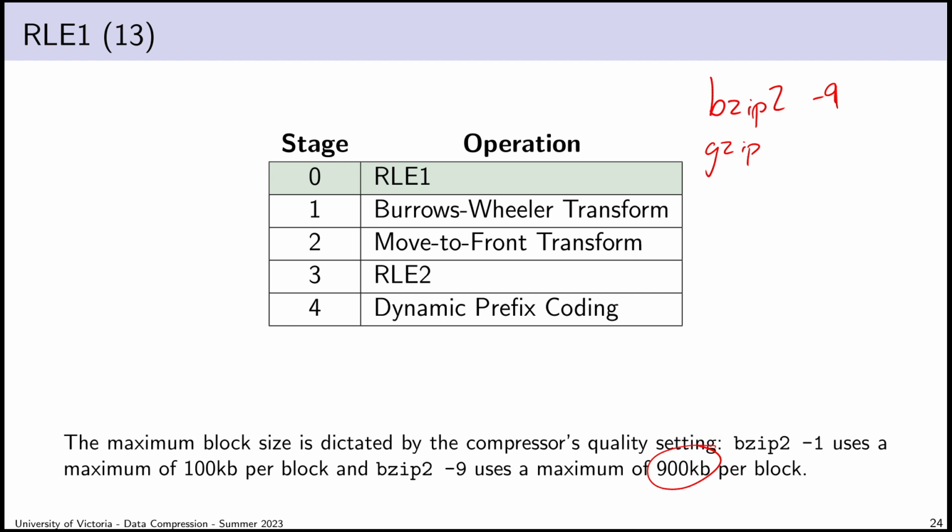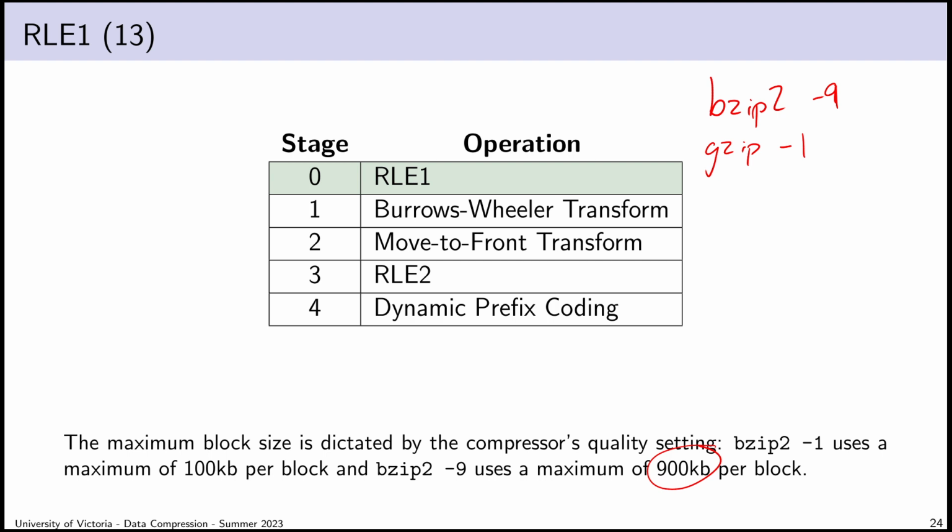Now, by contrast, if you use GZip-1 or GZip-9, those are also meant to connote quality versus speed, so GZip-1 is faster but results in worse compression, and GZip-9 results in better compression. However, the set of settings that are modified between -1, -2, -3 up to -9 vary wildly among the programs. One example is, how far back do you look for back references? That is controlled to some extent by the quality setting, but a bunch of other things are as well.